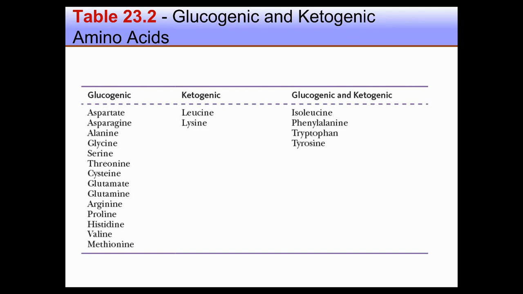Okay, and this is a really important slide, not for you to memorize which ones are which, but to understand that when there is a low amount of glucose in the body, because you haven't eaten for 4 to 6 hours, you're entering into that mode where gluconeogenesis is going to kick in, then you can start pulling from your proteins to make glucose or your proteins to make ketone bodies. So this is something we will come back to in the next PowerPoint video lecture.